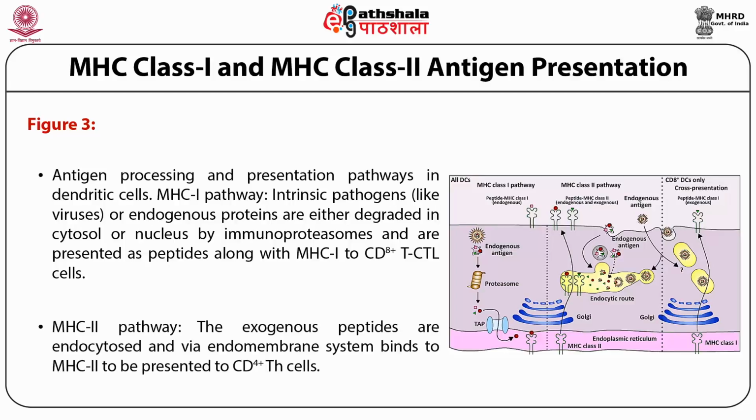Whereas in the MHC-II pathways, we see the exogenous peptides are endocytosed and via the endomembrane system bind to the MHC-II to be presented to the CD4 positive TH cells.